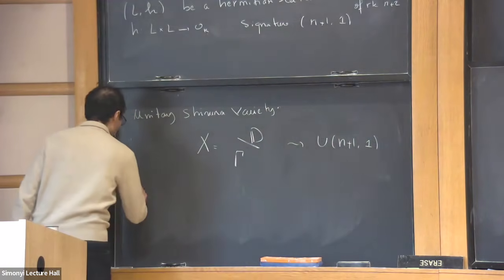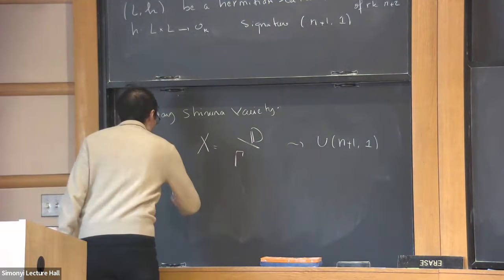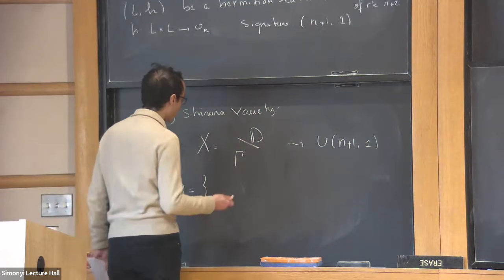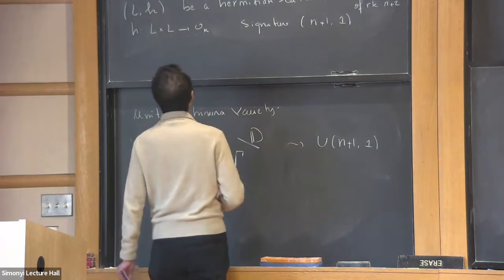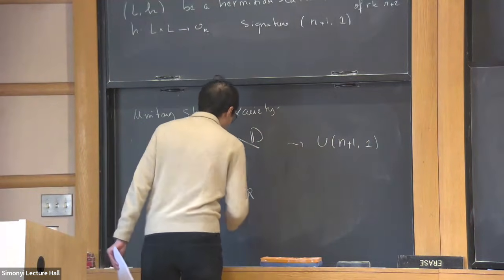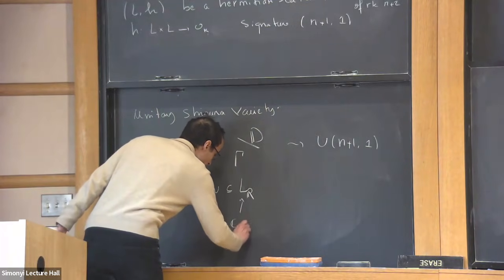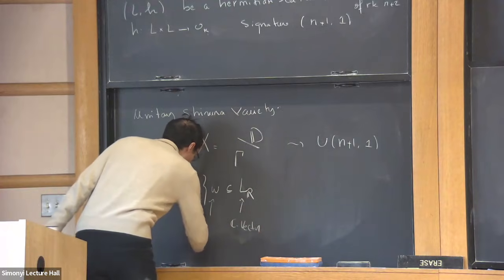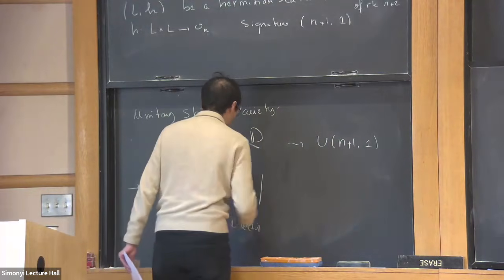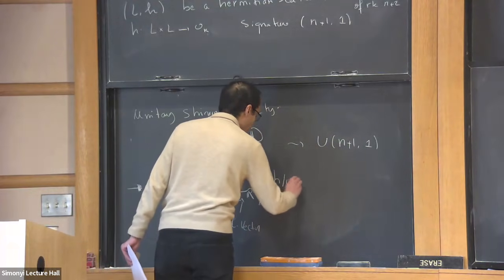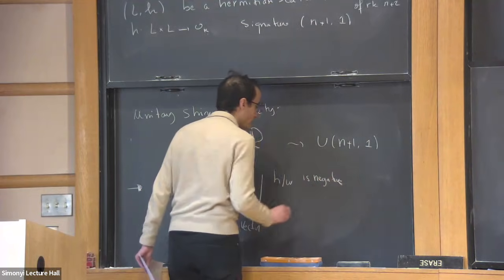Let me give a brief recall of what this D and this Gamma are, and they're very easy to describe in this case. D is just a ball quotient, but it can also be seen as lines inside L_R. This L_R acquires the structure of a C-vector space, and these are complex lines, with the extra condition that the Hermitian pairing restricted to this line is negative: the norm of a generator is negative.